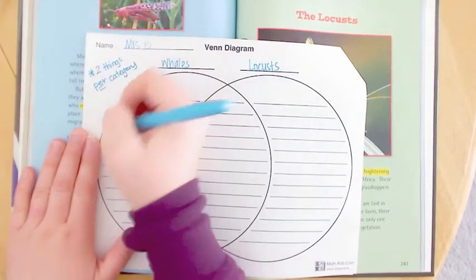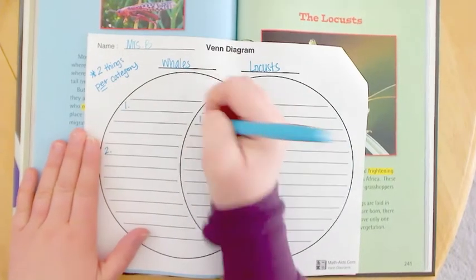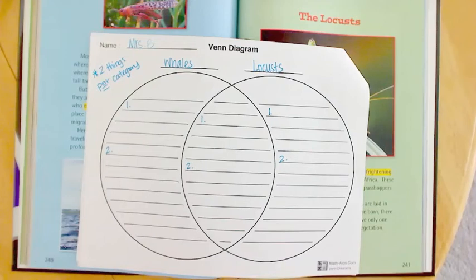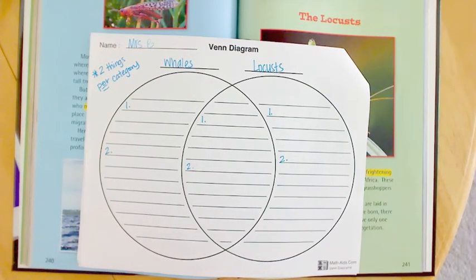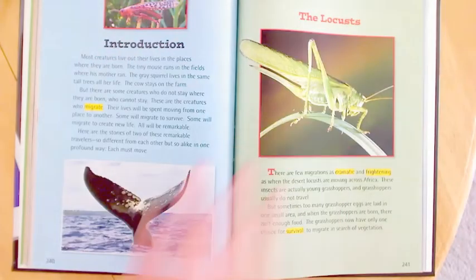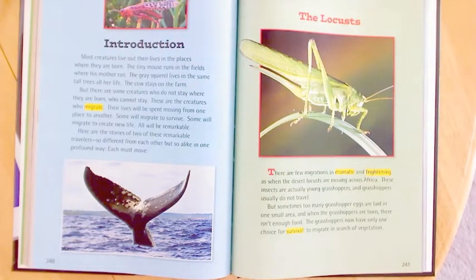So one, two, one, two, one, two. It could be anything from food to color to habitat to families. How do they travel? It could really be anything you read here. How are they similar? Okay, that's your first job.